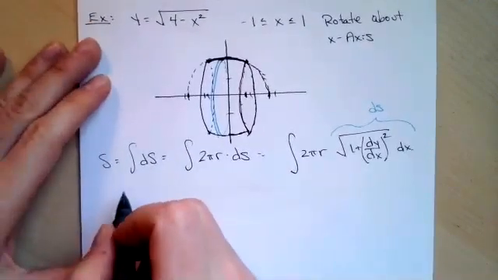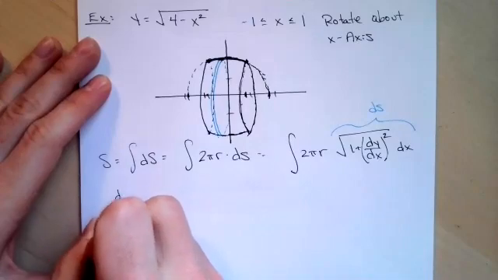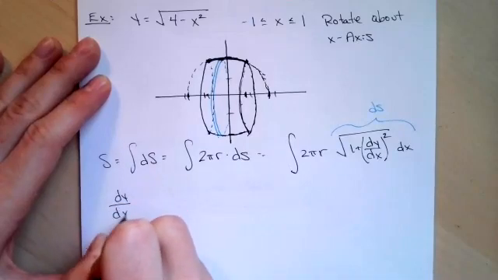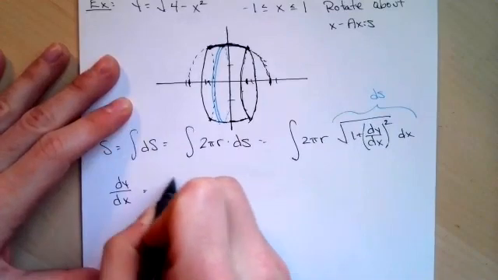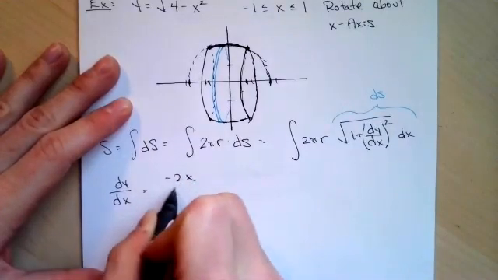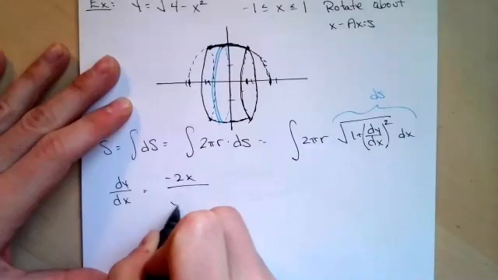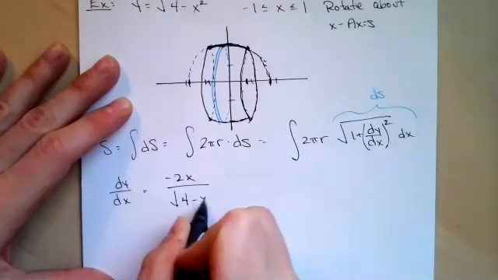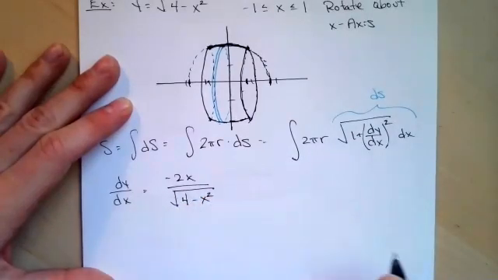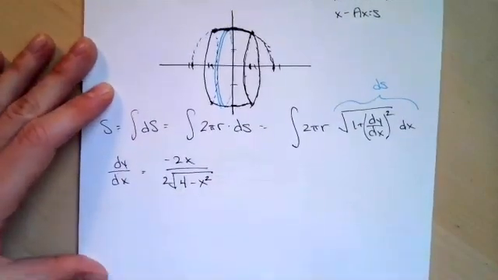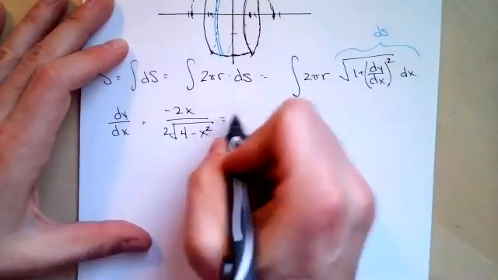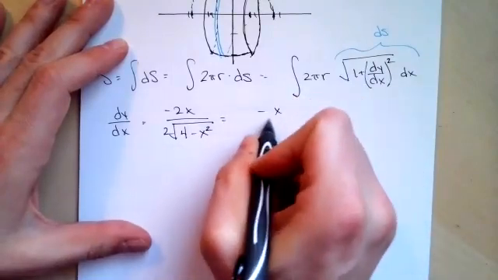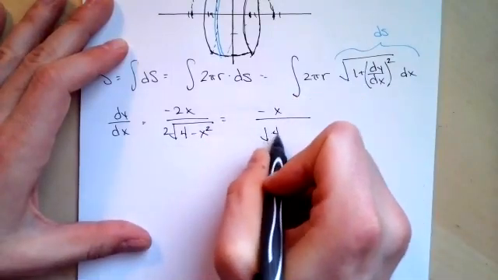Let's go ahead and compute our derivatives. So dy dx is going to be minus 2x over square root of 4 minus x squared. So 2 over in the denominator there. 2's are going to cancel, so minus x over square root of 4 minus x squared.